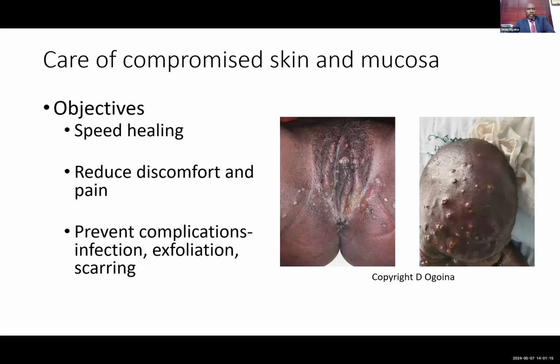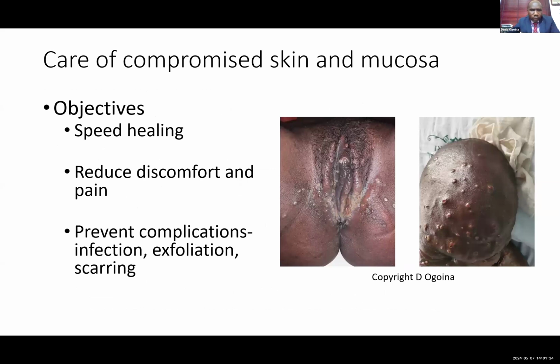So, care of compromised skin and mucosal surfaces. Mpox is associated with a skin rash or skin lesion, a skin ulcer. I think Rashida had done justice to that. This just gives an overview of 2 patients that have lesions on the vulva, vagina, and on the scalp.